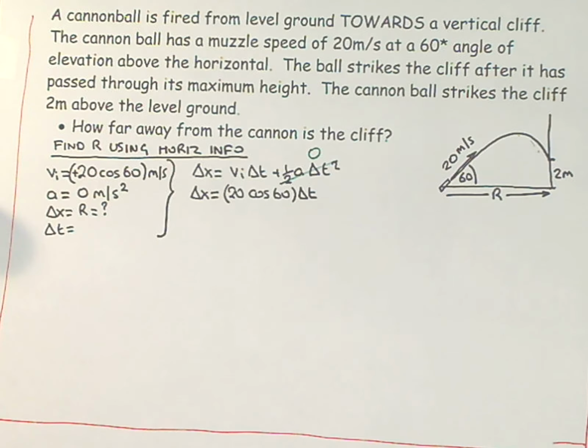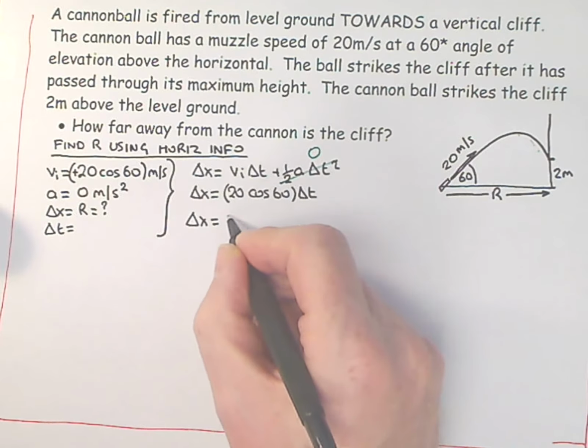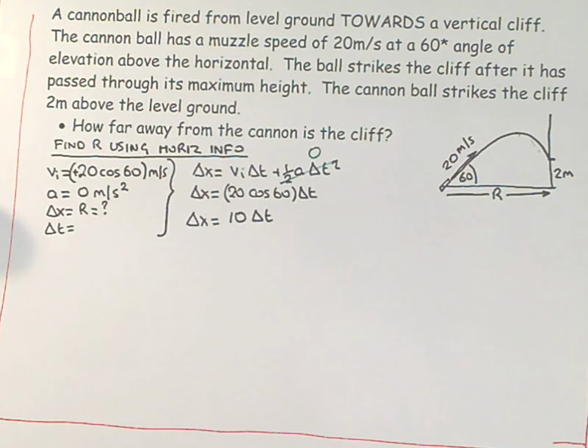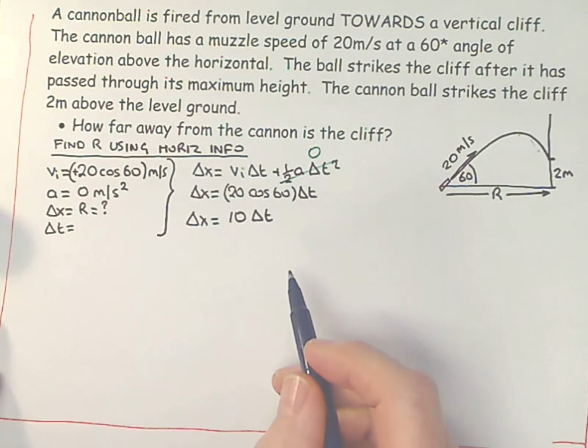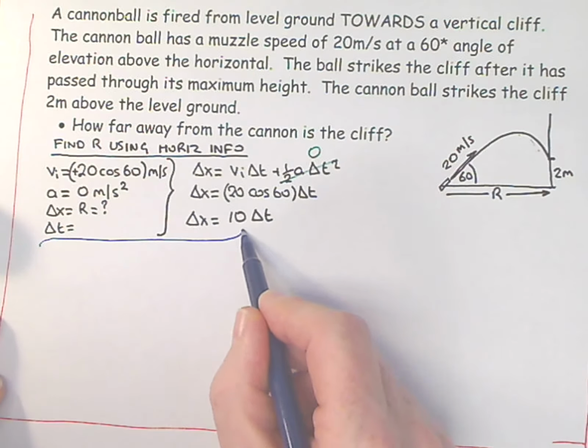And 20 cosine 60 is equal to 10. Very nice. So delta x is equal to 10 delta t. It'd be very nice and easy to work out if only I knew what delta t was. So let's find out what delta t is then.